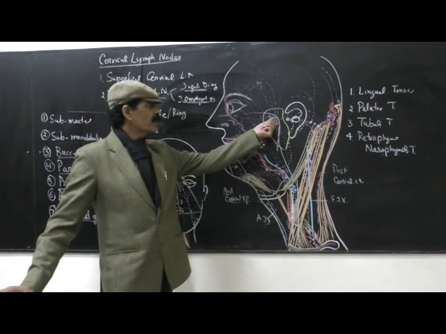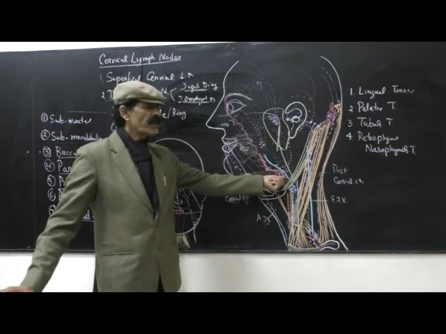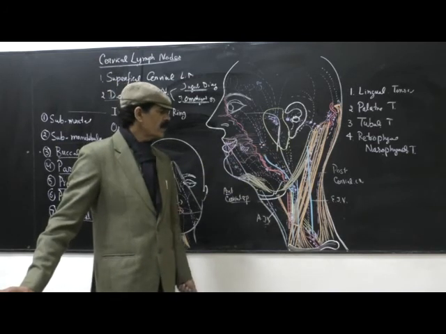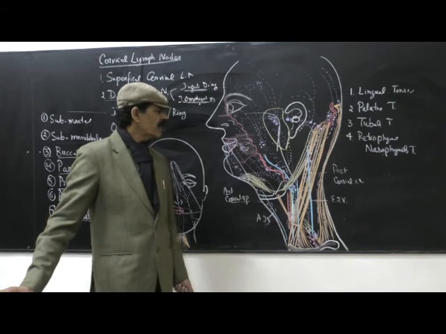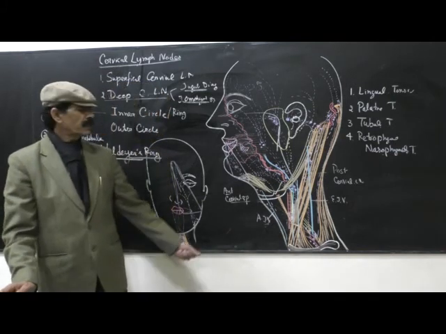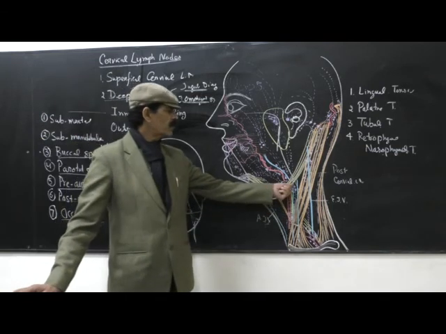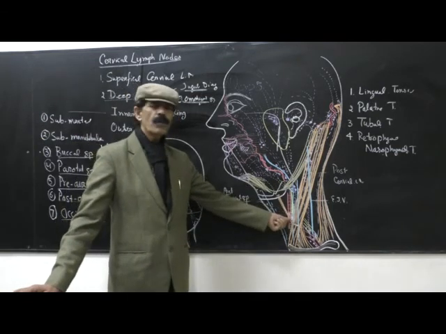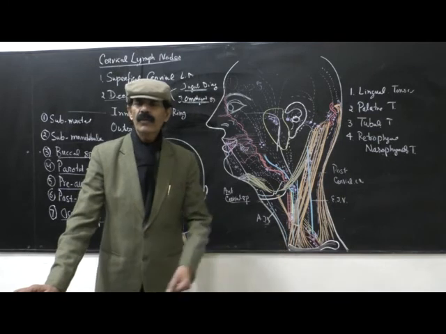Every part of these pharyngeal lymph nodes, afferents ultimately go into the jugulodigastric as well as the jugulo-omohyoid deep group of the lymph nodes.